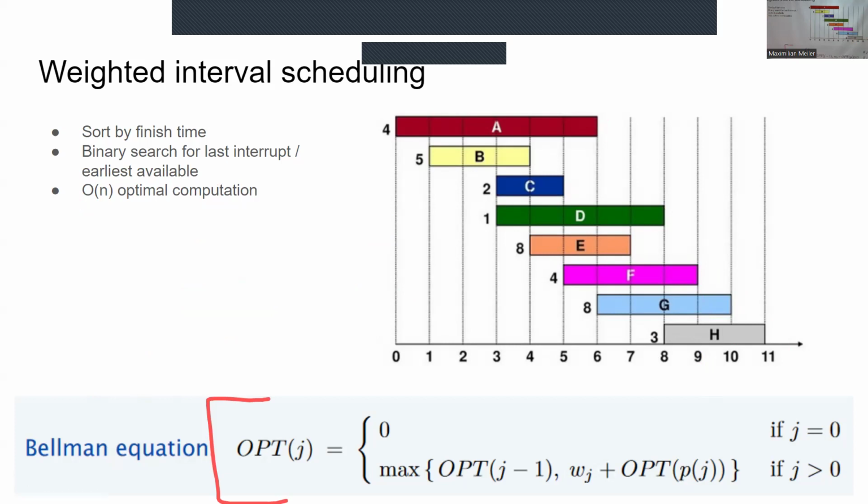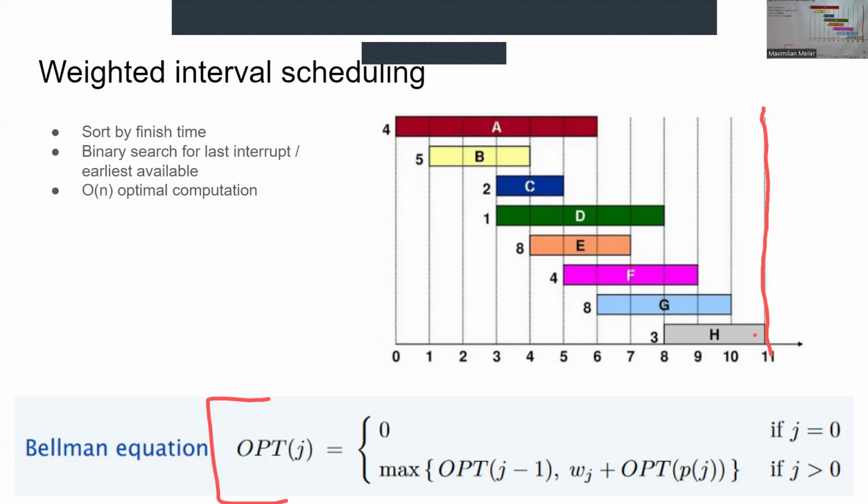And so what this recurrence relation is saying is, okay, if I am here, I have a choice to make, and I want to choose the decision that maximizes my outcome. I have two choices.